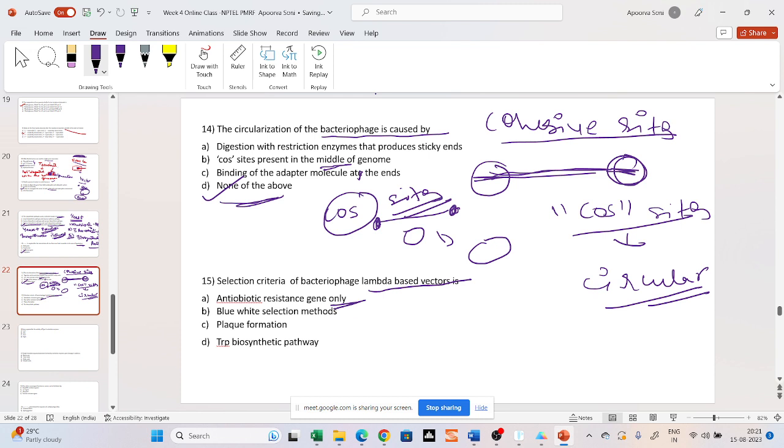For bacteriophage lambda based vector, what is the selection criteria? Tell me.